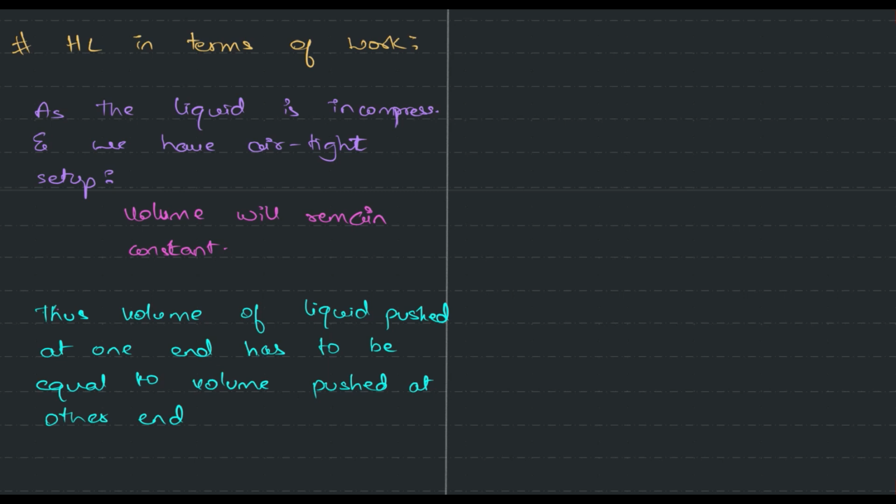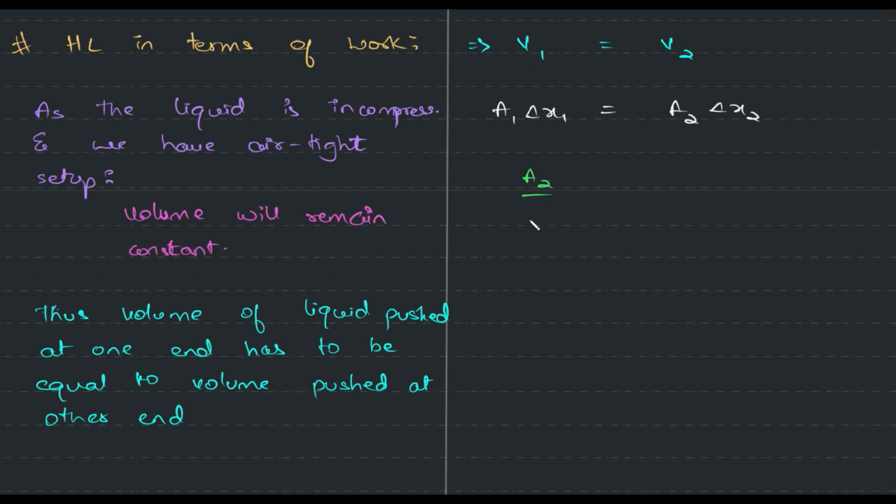So if this is the case, what can we tell? Well, from here we can infer that volume 1 has to be equal to volume 2. We know that volume is given by area into height, right? Area of cross section into height. In our case, A1 is displaced by delta x1 and A2 is displaced by delta x2, and they have to be equal.